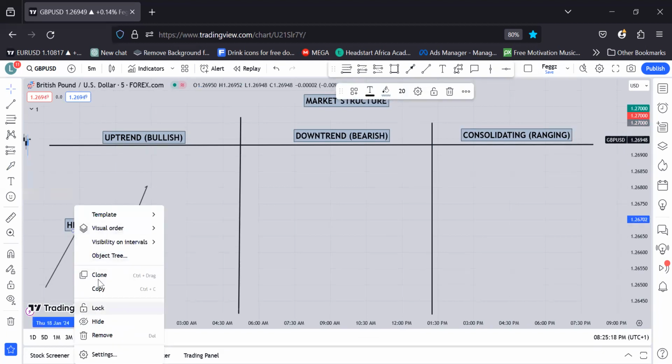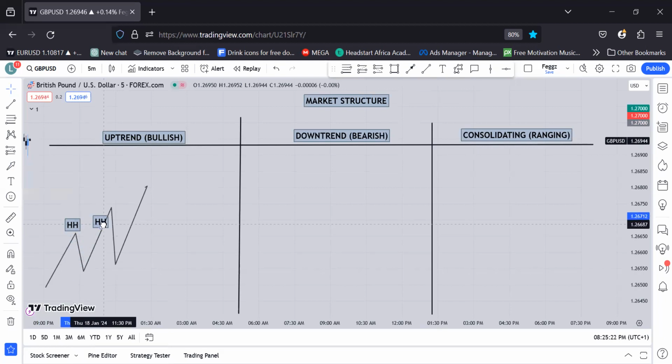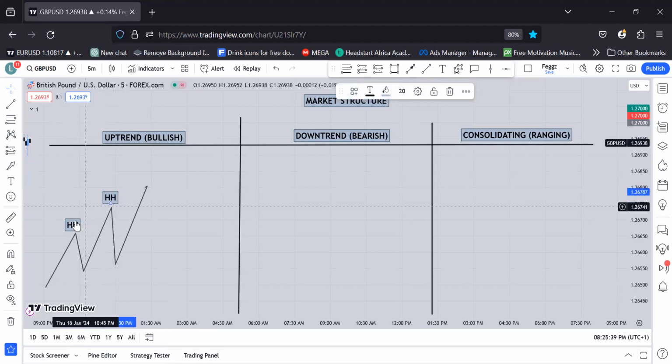Remember, I said when you see that the current high is higher than the previous high, it now becomes the next higher high. Why? Because it's higher than the previous high. So this one will become a higher high. Why? It was higher than this.